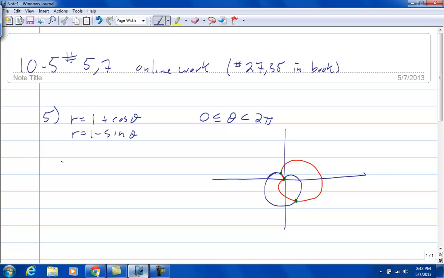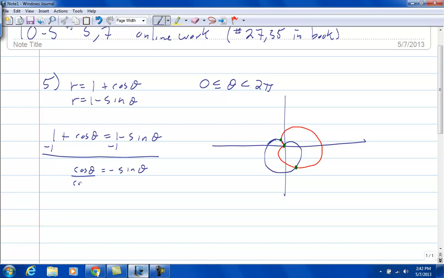So if we set them equal to each other, we have 1 plus cosine theta equals 1 minus sine theta. And we can subtract 1 from each side, so that cosine theta equals negative sine theta. If I divide both sides by cosine theta, then 1 equals negative tangent theta, or tangent theta equals negative 1. So that theta would be arctangent of negative 1.